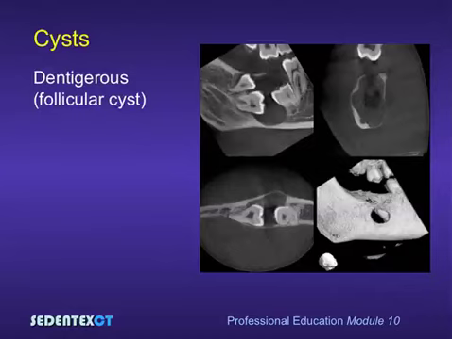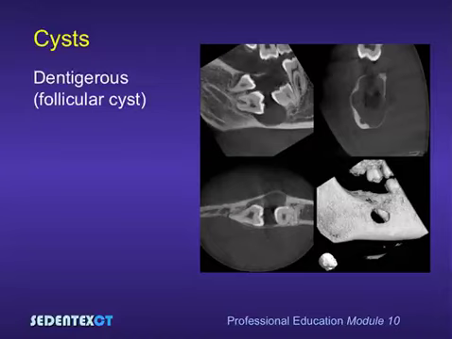Here we see an example which is definitely a cyst and not just enlarged follicles. This is a dentigerous cyst associated with 3 unerupted teeth. You can see on the bottom right, the volume rendered images, that the bone has become so thin that we're seeing through into the cavity and we can just see the crown of one of the unerupted teeth through the window.